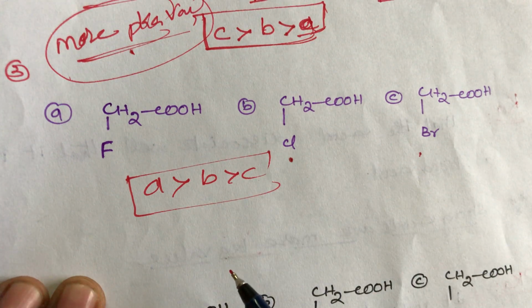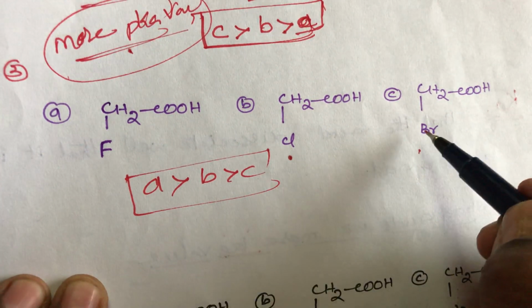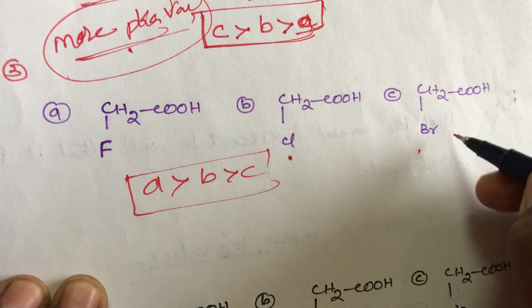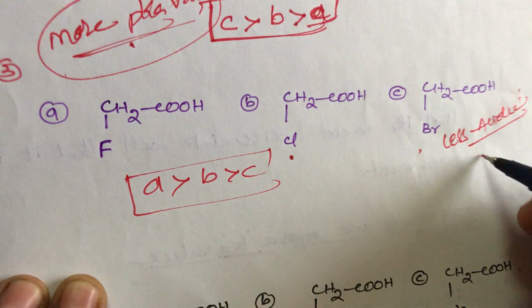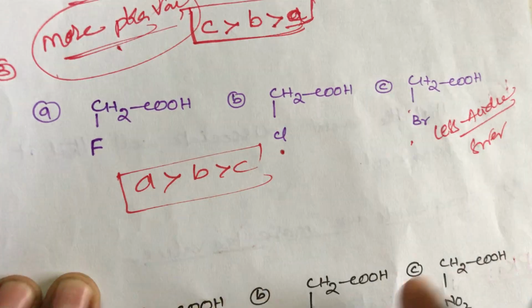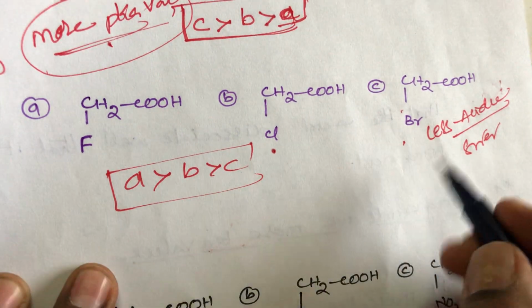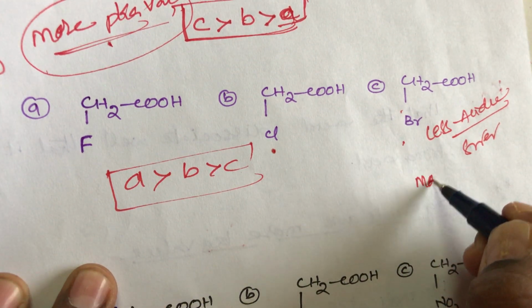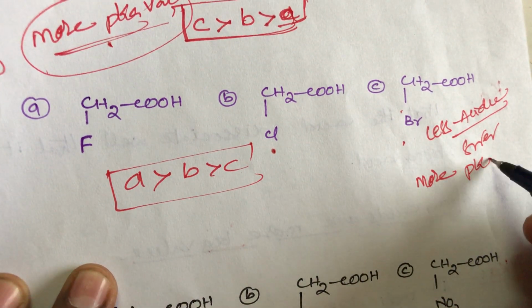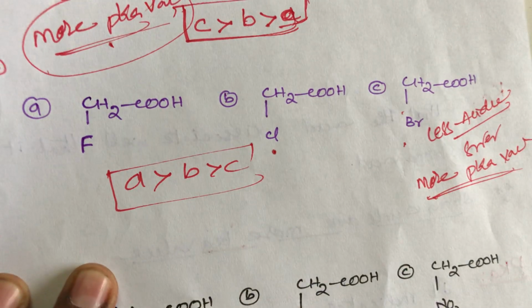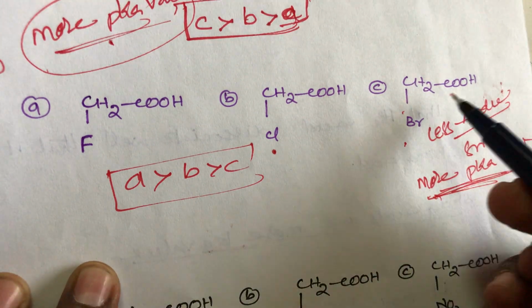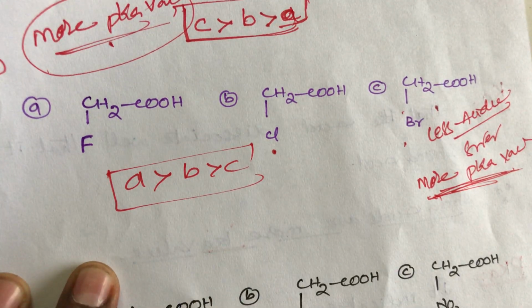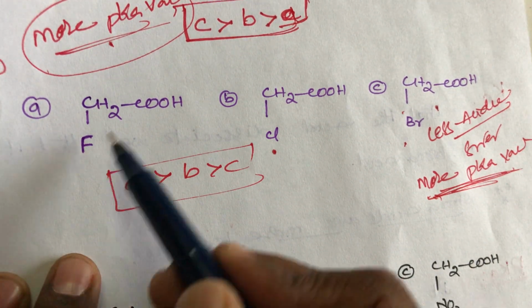Out of these three, which one has the higher pKa value? Compound C, the bromo compound, has the least acidic strength, so compound C has the higher pKa. A less acidic compound always has a higher pKa, and strongly acidic compounds have a lower pKa.